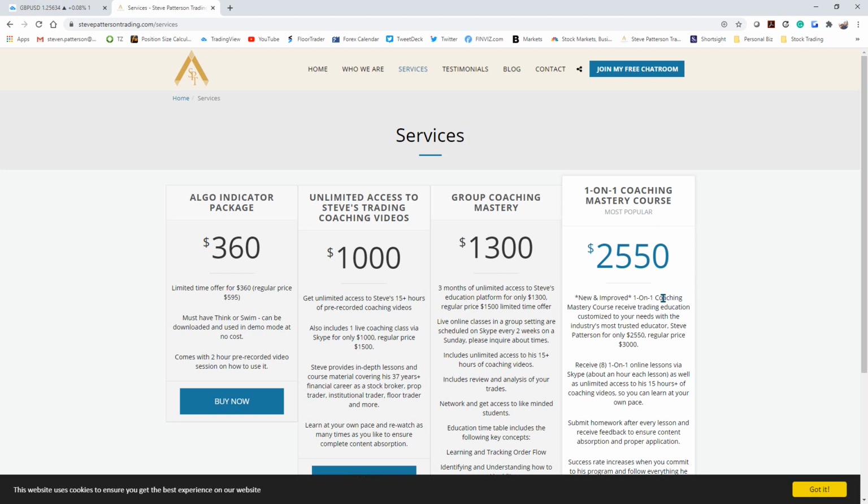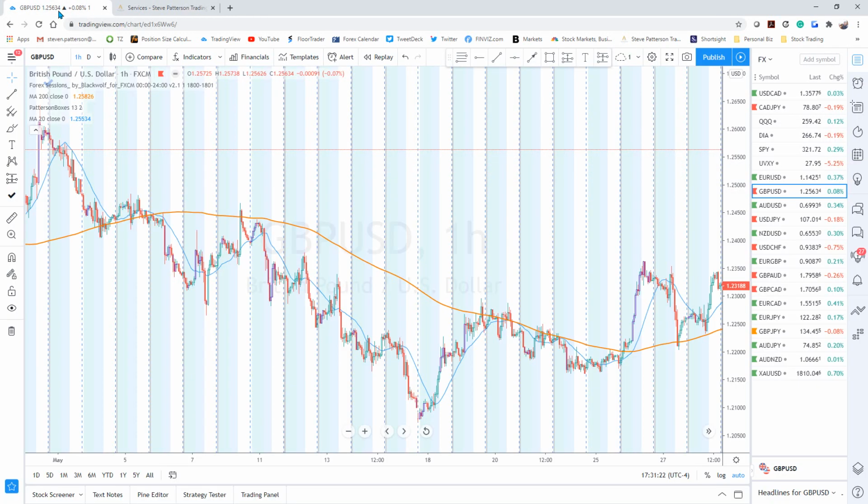The algo is a bit of a lagging indicator, and so are moving averages. If you think my algo is powerful at 360, wait till you see how powerful my one-on-one mastery course is. But I made the algo because what I wanted to ideally do was give people a way of making money if they cannot afford my mastery course.